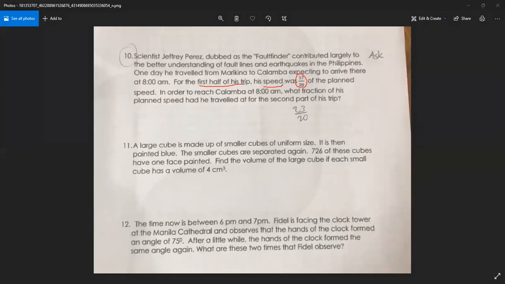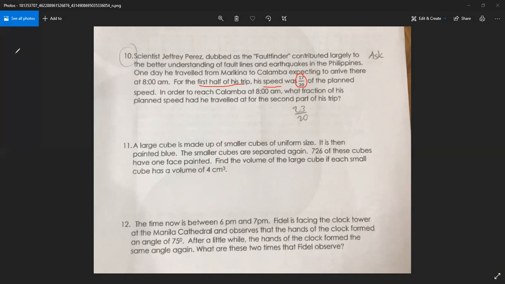Now, how did I solve for this one? The solution that I'm going to show to you, it's up to you if you're going to follow this. But still, I'm going to devise a formula to do this one. Now, I think in your science class, speed, distance, and time was discussed to you.